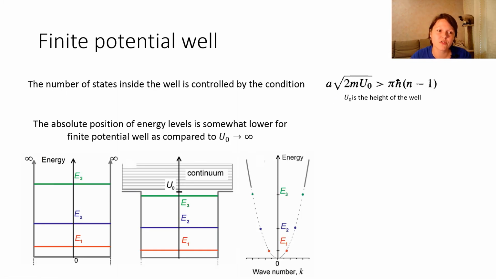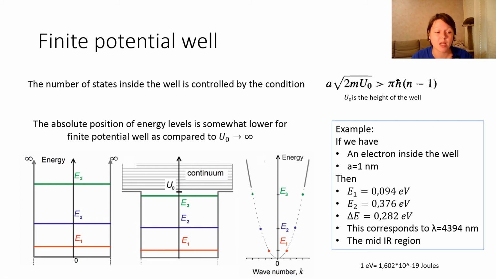Also, the difference between the finite and infinite cases is that the absolute position of the energy levels in the finite case is lower than for the infinite potential well case. Let's look at a definite example.